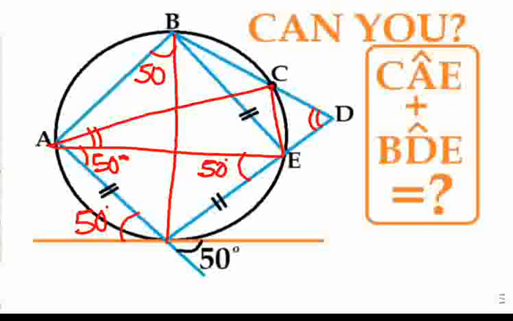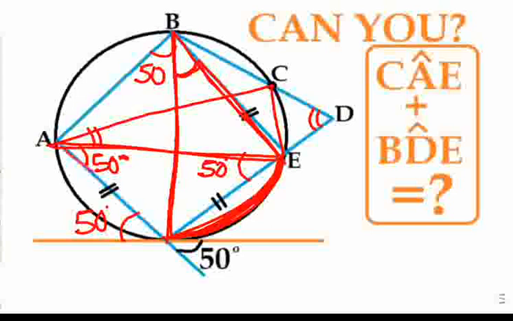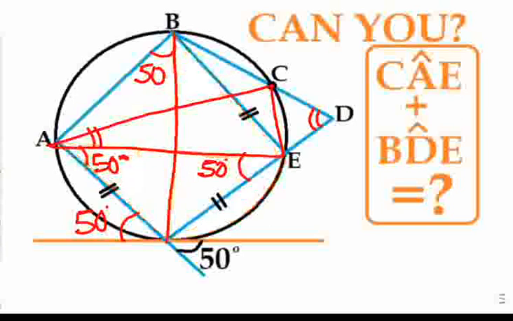Let's also use this arc to find the angle subtended on the circumference here. This arc subtends an angle of 50 degrees on the circumference here. The same arc will go on to subtend an angle of 50 degrees here, because angles in the same segment are equal. Bear it in mind that we're looking for this angle plus this angle.